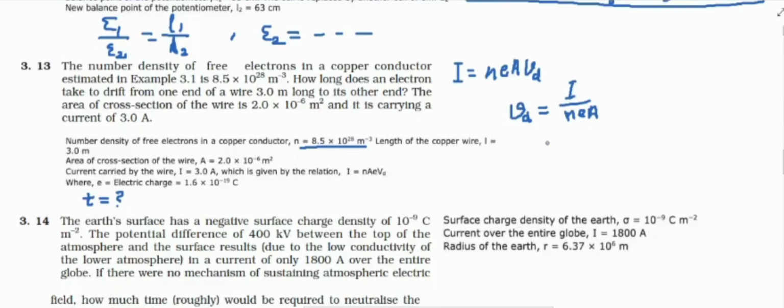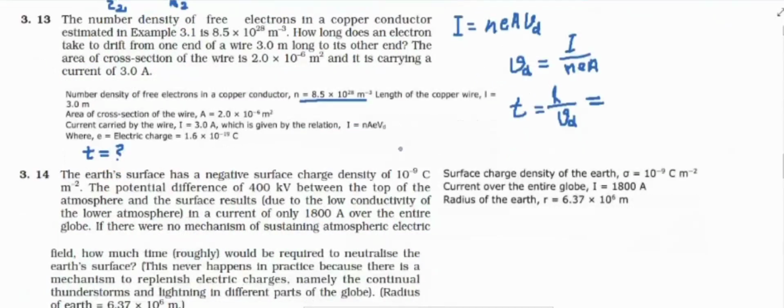Once you get the value of Vd, you can calculate time t is equal to distance traveled divided by speed. Okay, substitute the value of Vd in this equation. So in that way, the time taken by the electron to travel the length of the conductor can be calculated.